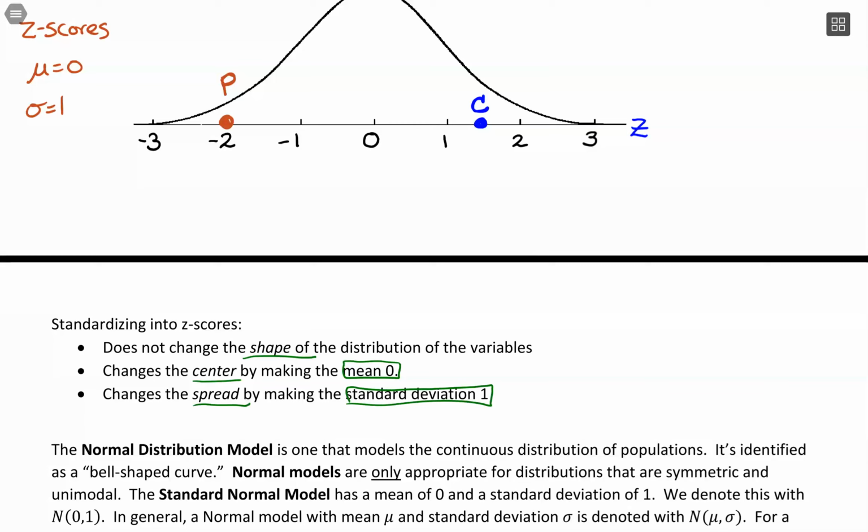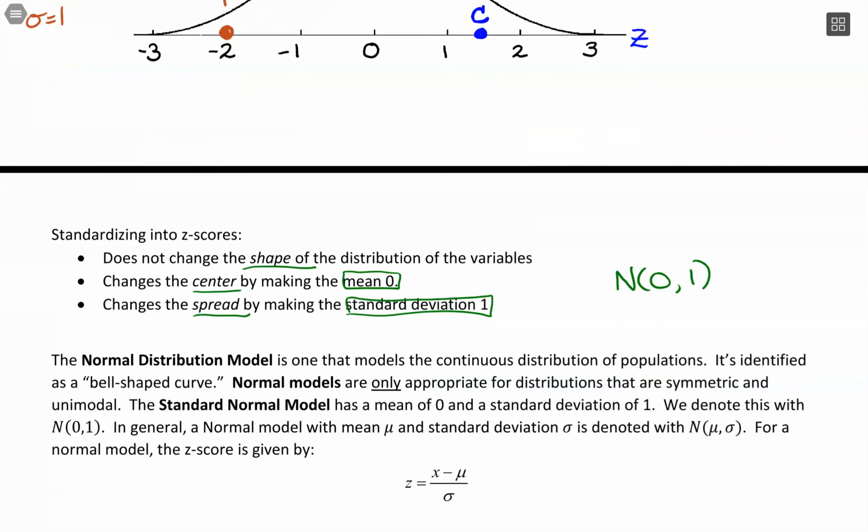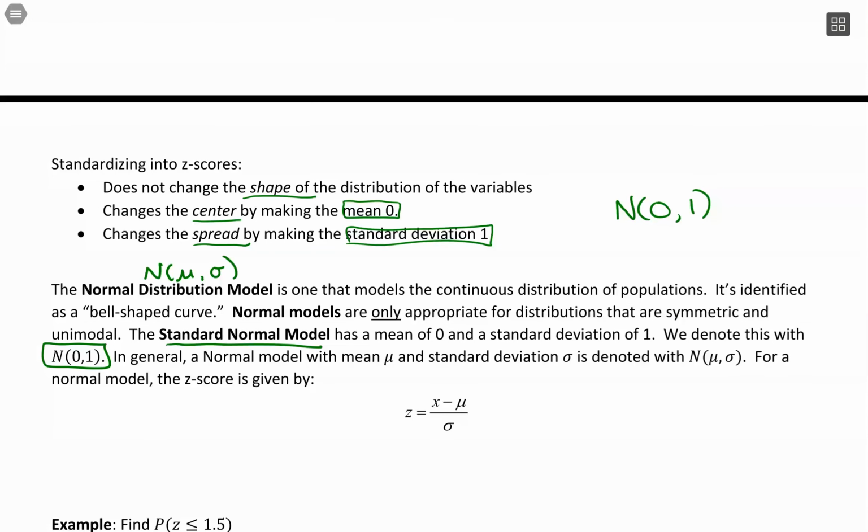So every time we work with z-scores, mean of 0, standard deviation of 1, every time. So normal distribution model is a normal model defined by any mean and any standard deviation. Standard normal model, mean of 0, standard deviation of 1. And we can calculate z-scores with our formula right there.